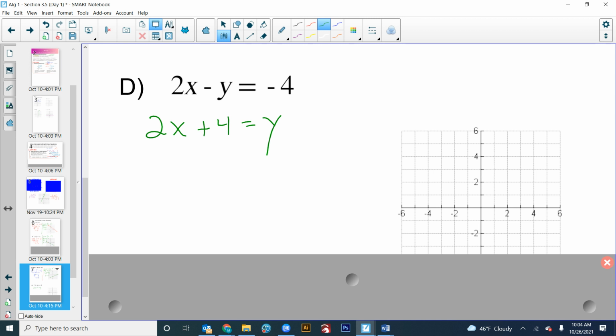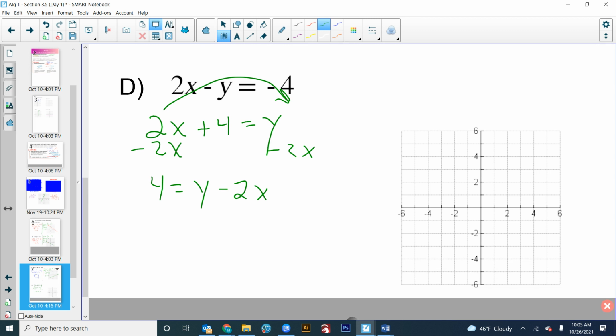I think it's a lot easier to get the x and the y on both sides before you graph. So what I would do is I would take the 2x over here. How do you take a positive 2x over? So what I would do is this. And I would get this. And then just do your x and y intercepts. Okay, I think it's a lot easier to do that.